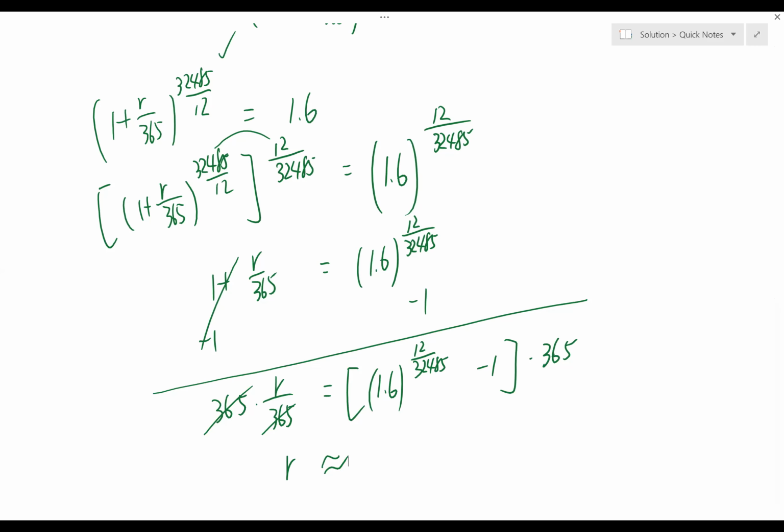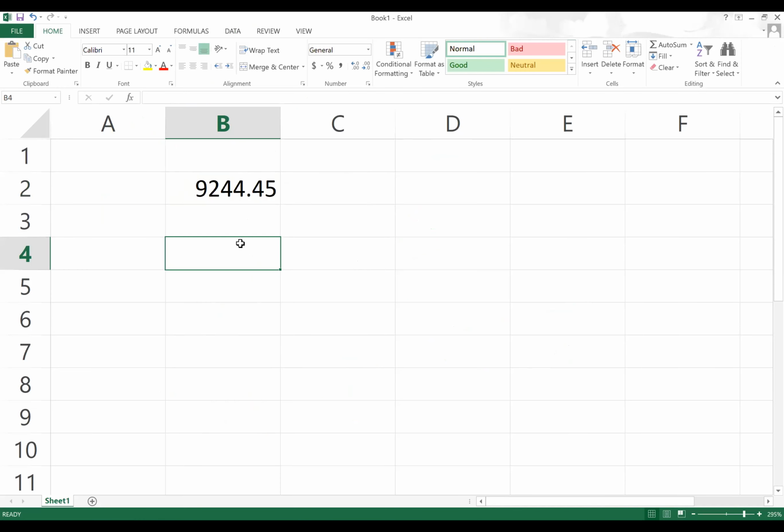So we put it into the cell to get a result. Open parentheses, 1.6 raised to, and put the exponent in parentheses, 12 over 32,485, and minus 1. Now we close parentheses and then multiply by 365.